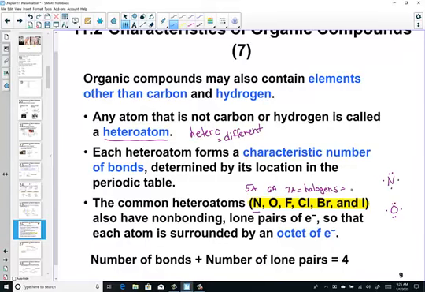Halogens often get abbreviated as an element X, where that is just a generic symbol to represent any of the halogens, fluorine, chlorine, bromine, and iodine. And just to remember that any element in 7A would have 7 valence electrons around its symbol. And remember, X is a generic symbol to represent fluorine, chlorine, bromine, or iodine.